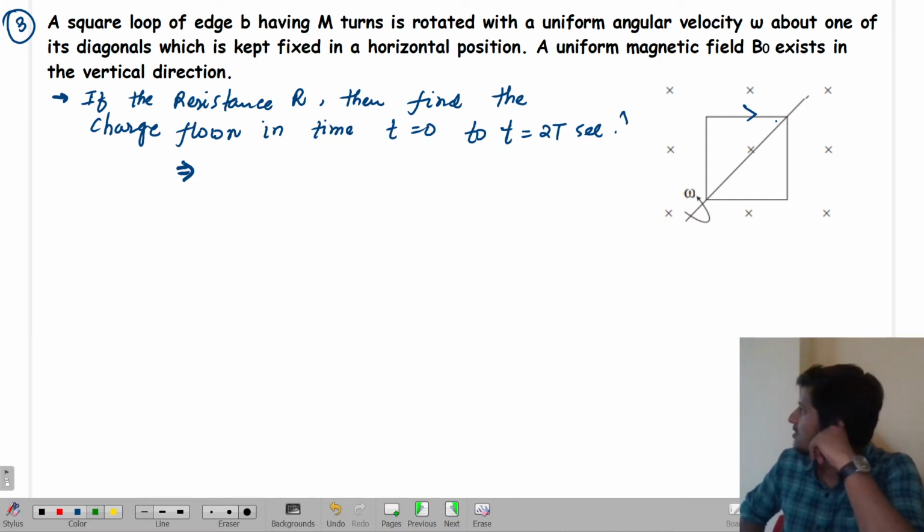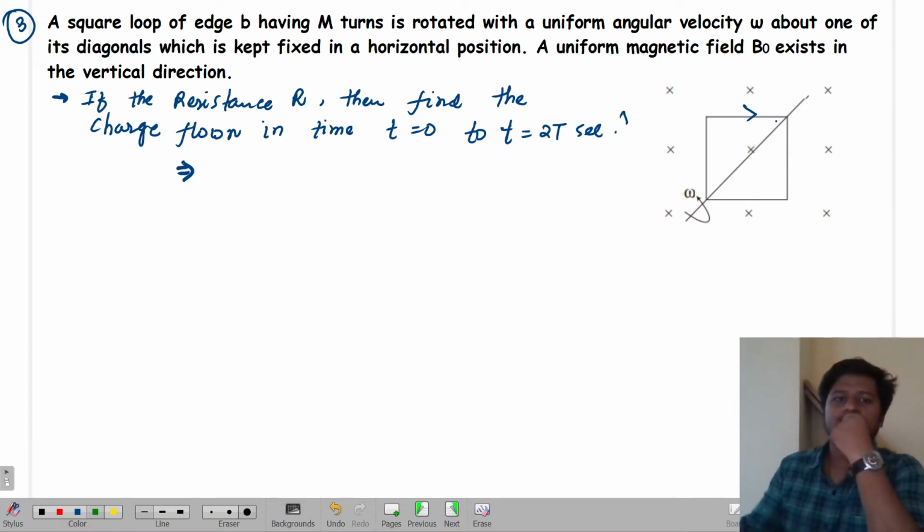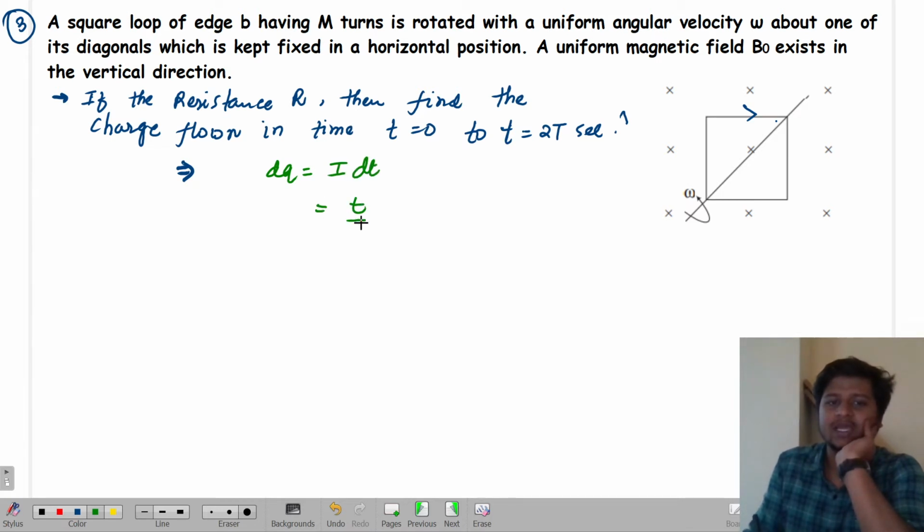Do this problem. Rakshita, tell me how to solve this problem. How to calculate the charge flown? First, what is required? Charge will flow when the current is established, yes or no? So dq is equal to I dt, yes or no? I is equal to EMF by R into dt. What is your EMF that we were getting?